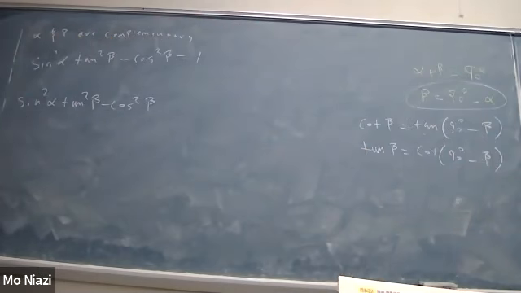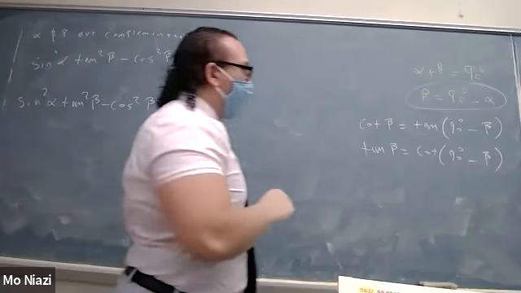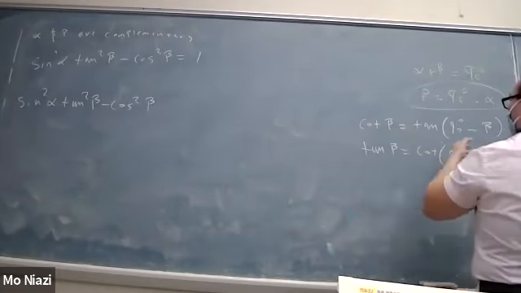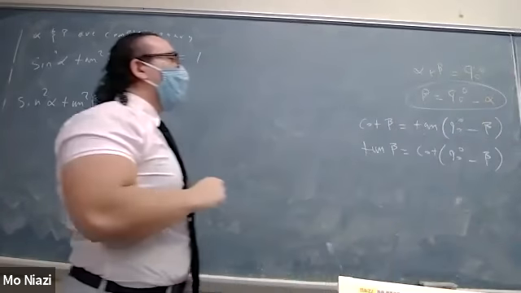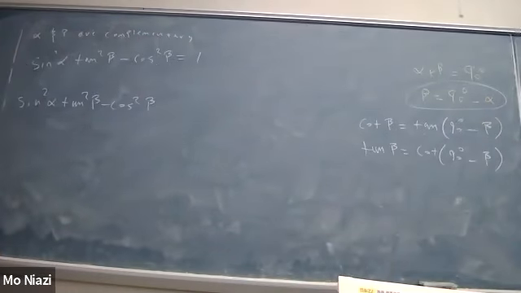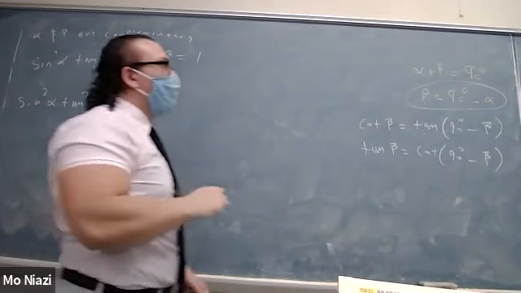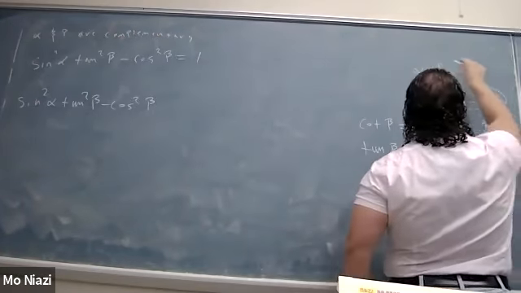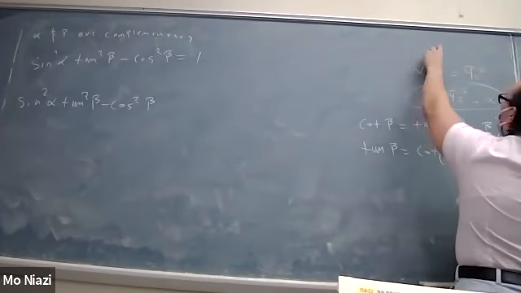When I see a tangent beta, I could replace it with the cotangent of 90 degrees minus beta, or if I see a cotangent beta, I could replace it with the tangent of 90 degrees minus beta. But what is 90 degrees minus beta the same as? If this is true, 90 degrees minus beta is the same thing as alpha.